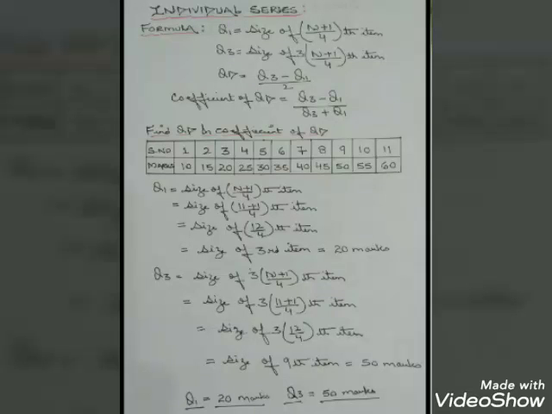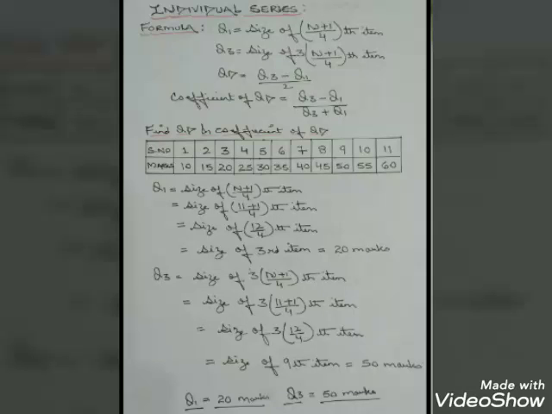Right? Now similarly we'll find Q3. But there is a slight difference in the formula of Q3, that is size of 3 times, in brackets, (n plus 1) upon 4th item. So n is already 11, so 3 times (11 plus 1) upon 4th item. 11 plus 1 is 12, and 3 times 12 divided by 4 gives the 9th item.